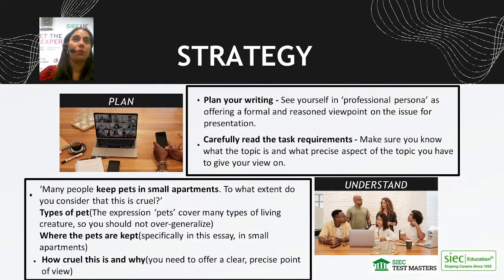Now I put all the W's into it, and I throw in the how also. The question is asking me what type of pets is he talking about, or what expression is he mentioning for the type of pets. We ponder upon it: is the expression of pets covering many types of living creatures, or is it something else?